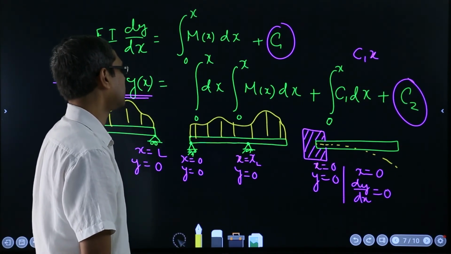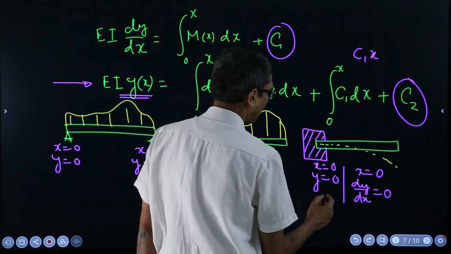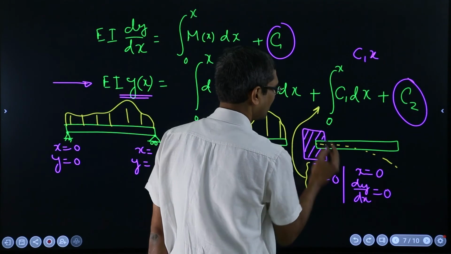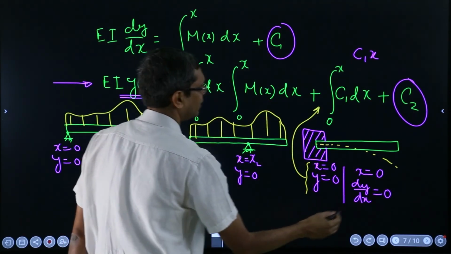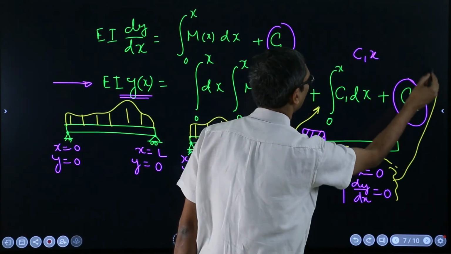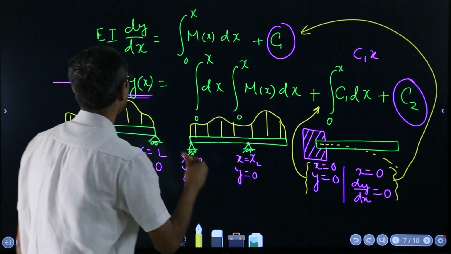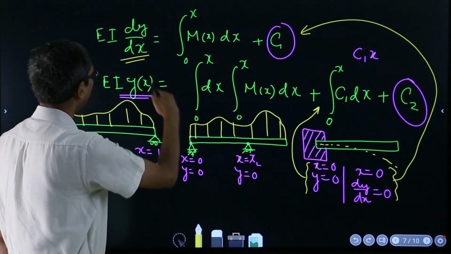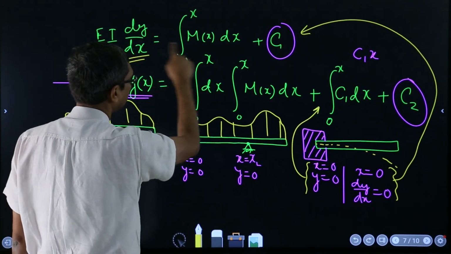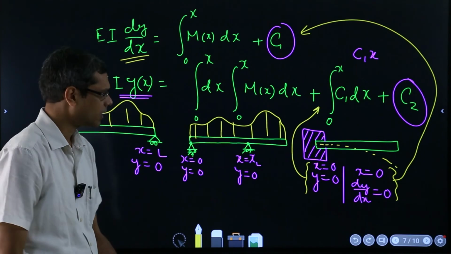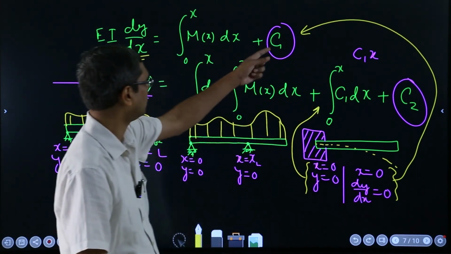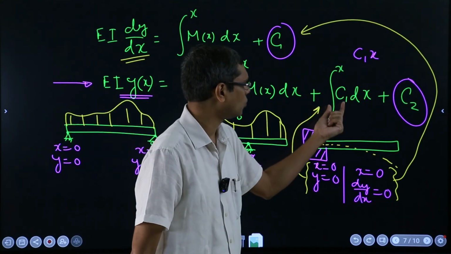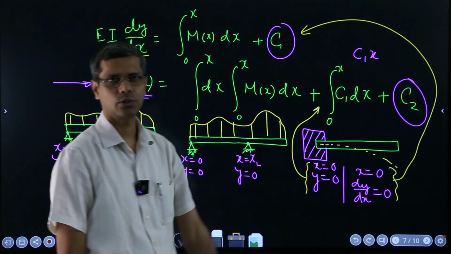So that gives you the second condition, and so this first type you can apply here, but for this second one you have to go and apply it here, because you have the condition here, dy over dx. Whatever value here, so the 0 you put here and you get this C1. So first you apply this to get the value C1, and then you apply this and you know now C1 already, so get the value of C2 and it's done.